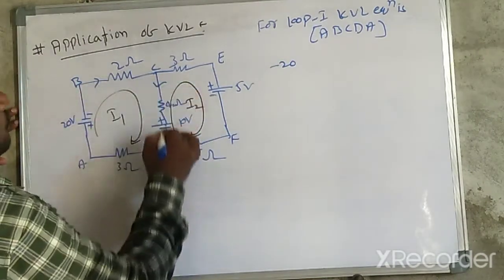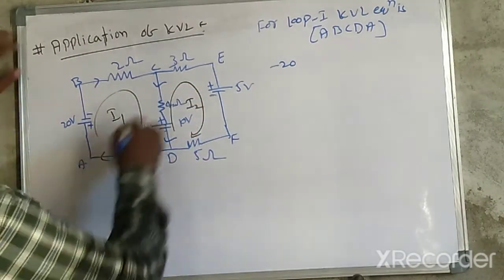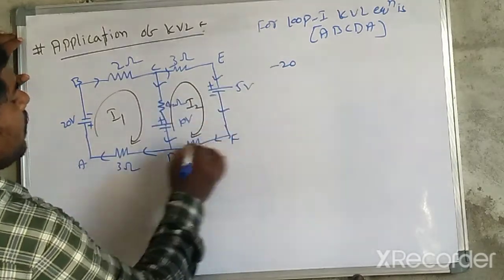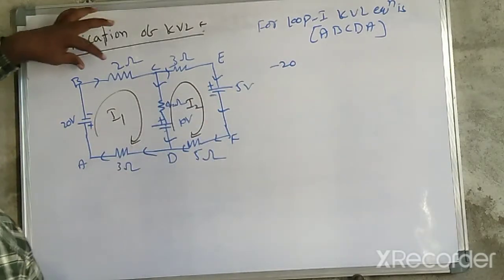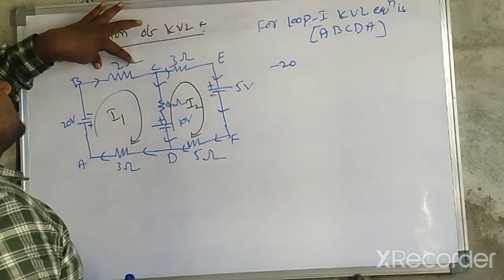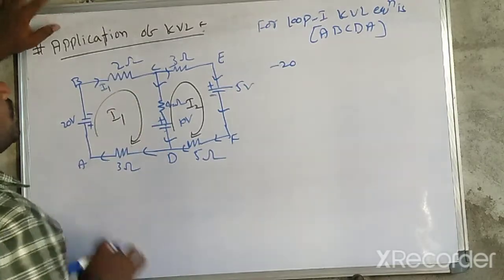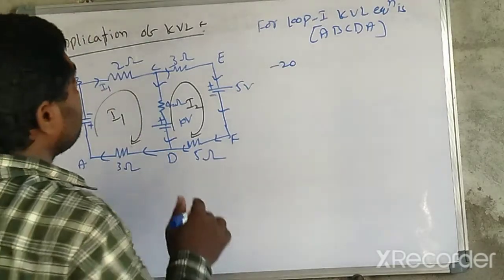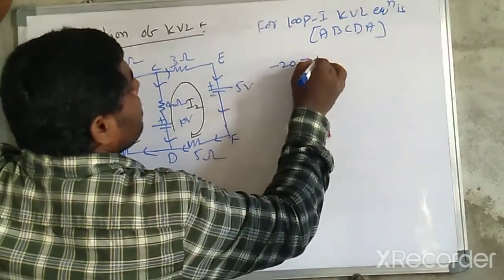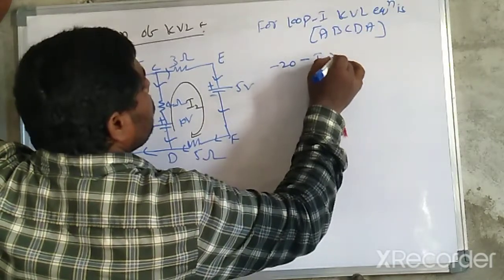This is the direction of the loop. So in this B to C, the I1 current is moving B to C, and your path direction is also B to C.